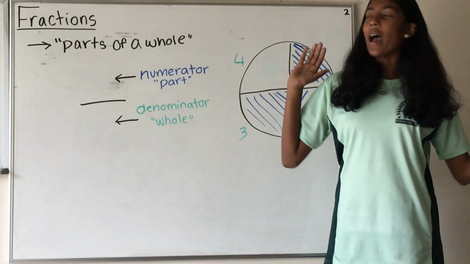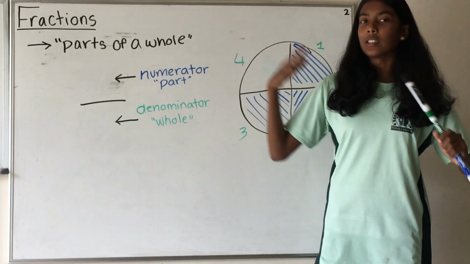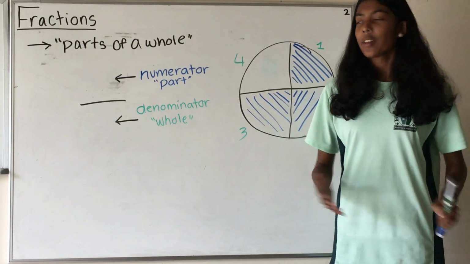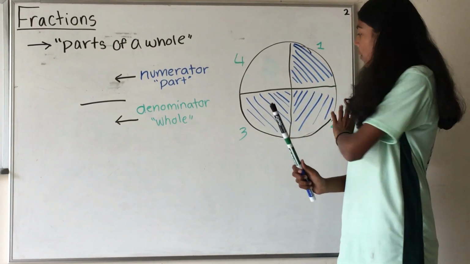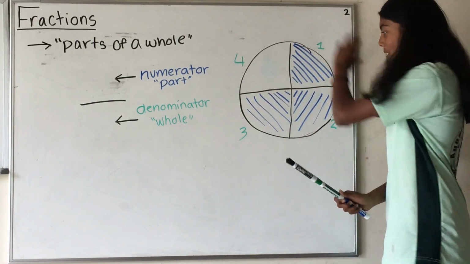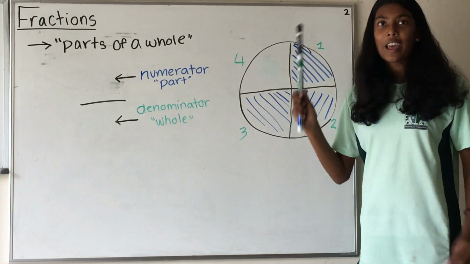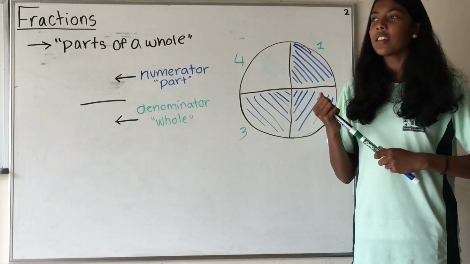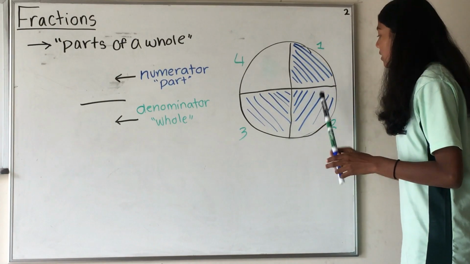So we talked about how a fraction is parts of a whole. So here's how it is. Let's say we have a pizza here. We're gonna use our imagination. It's not a pizza, but it's close enough. And Billy decides to go to lunch, and he eats 3 slices.